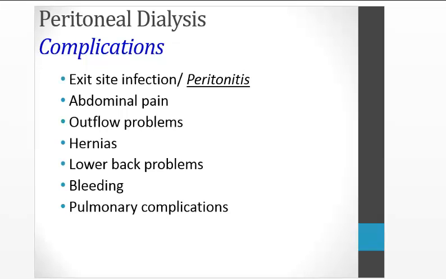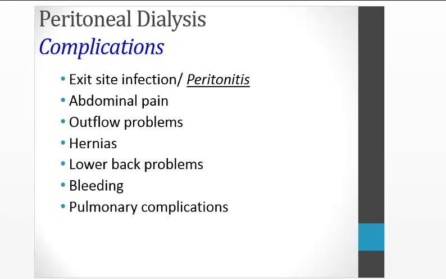We can have abdominal pain in the area. We can have outflow problems. Patients can suffer from hernias as well, and low back problems, because the fluid that enters into the peritoneal cavity can be very heavy, and so it can be taxing on our internal structures. Bleeding can happen because of trauma from the catheter.